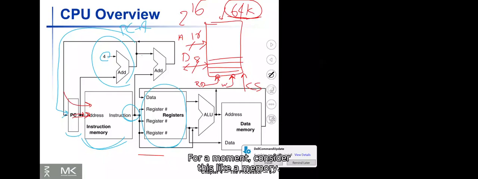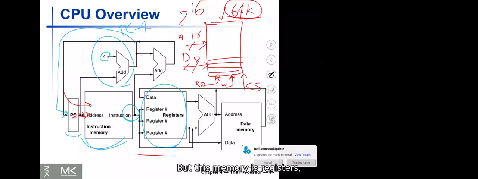For a moment, consider this like a memory. It is like a memory, but it is registers. It's close to the CPU, it is very fast, but it needs an address, it needs a data bus to bring the registers, it needs control of read and write. Consider it as a memory.